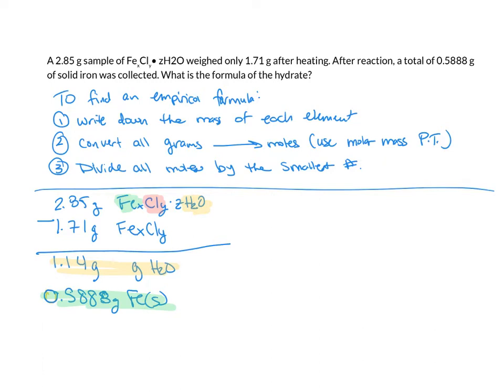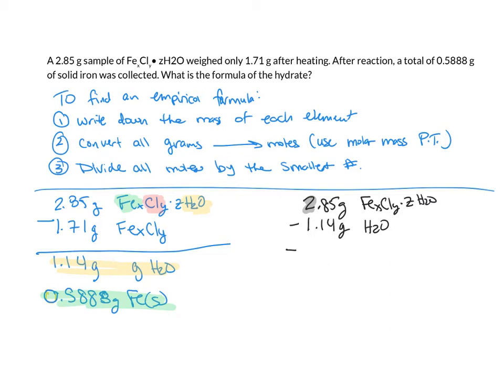Well, to do that, I can take the 2.85 grams of FeXCl.ZH2O. I can subtract the 1.14 grams of water, and that would give me the mass of the iron and the chloride.